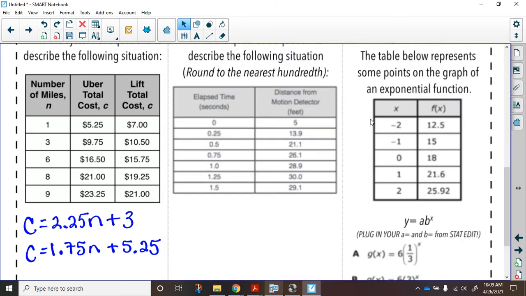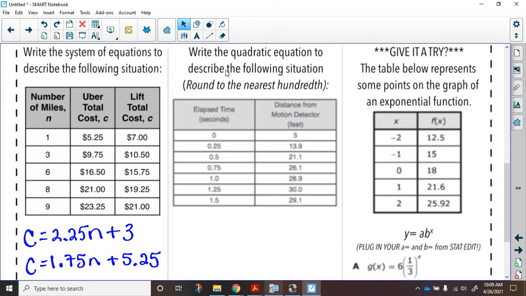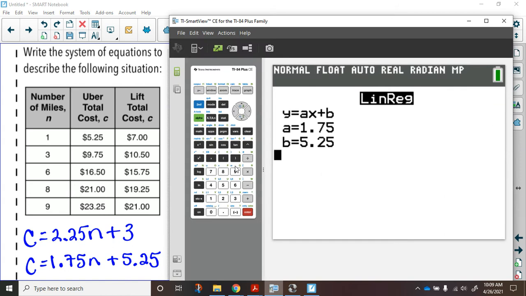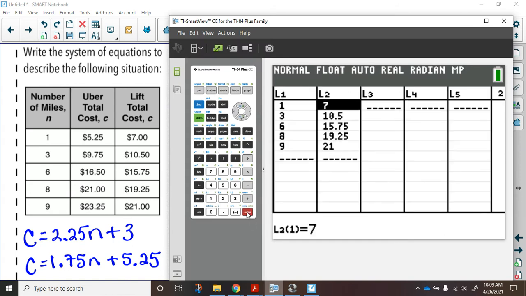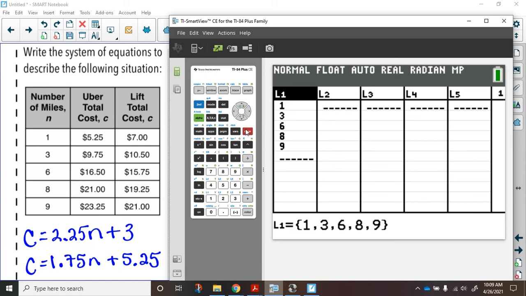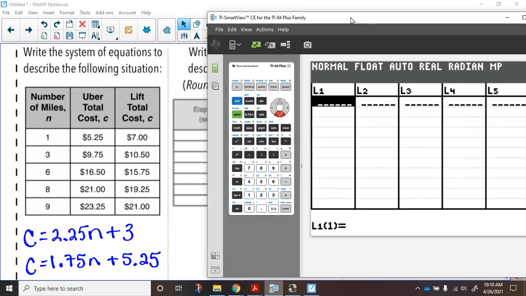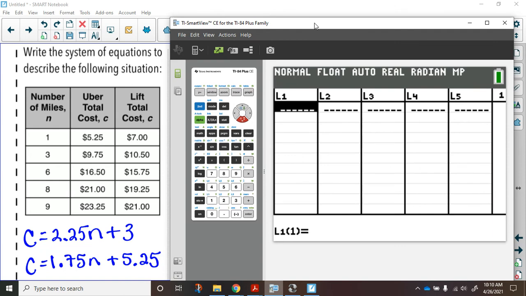And now for the second one, again, we're still using StatEdit, but it tells me I need to write a quadratic equation. So let's go ahead and type these in. StatEdit, clear out your stuff. And I'm going to be looking at the numbers off screen, but you can just look at your paper to write these down, or type them into your calculator.